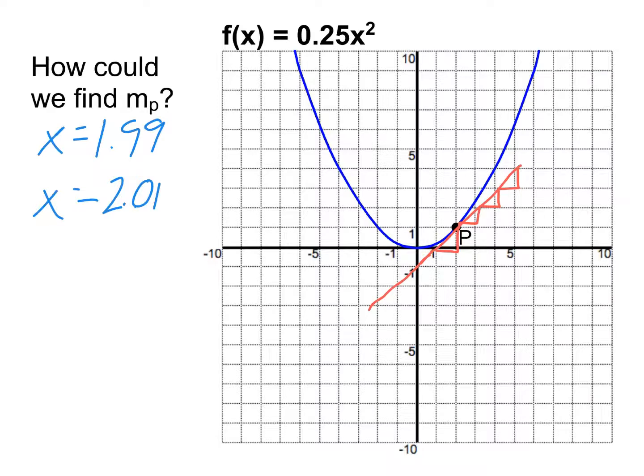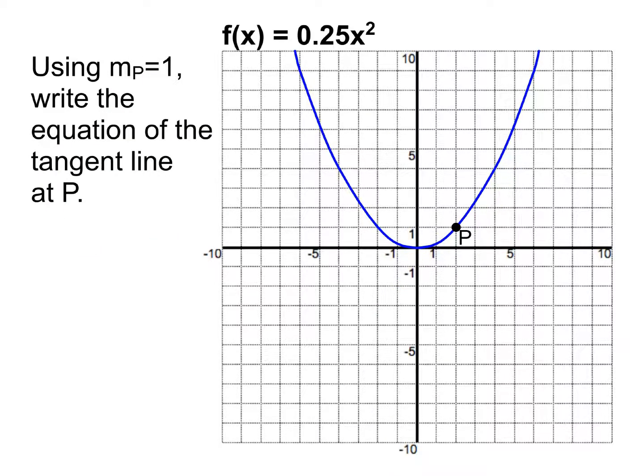And actually, if you do this over here, you're going to come up with the same thing. You're going to end up with numbers that are really close to 1. And so, with that idea, I'm just going to go ahead and go forward with that. Let's say that the slope is 1.